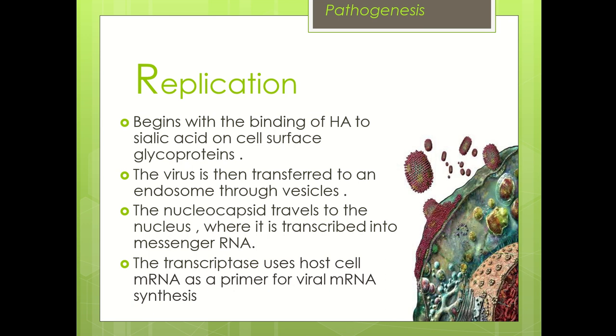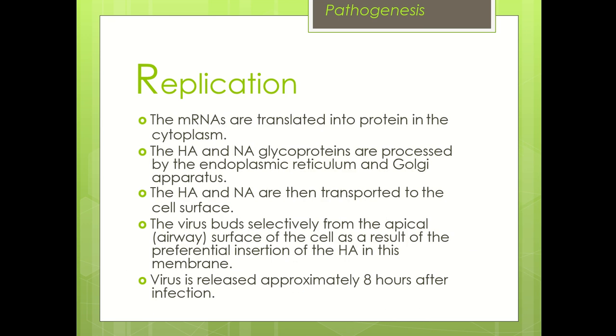The nucleic acid travels to the nucleus where it is transcribed into messenger RNA, which is the translatable RNA. Transcriptase uses the host cell mRNA as a primer for viral mRNA synthesis. The mRNA is translated into protein within the host cell cytoplasm.